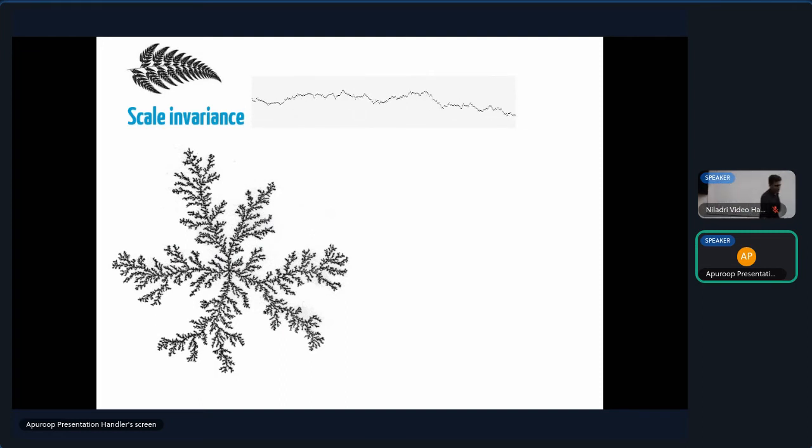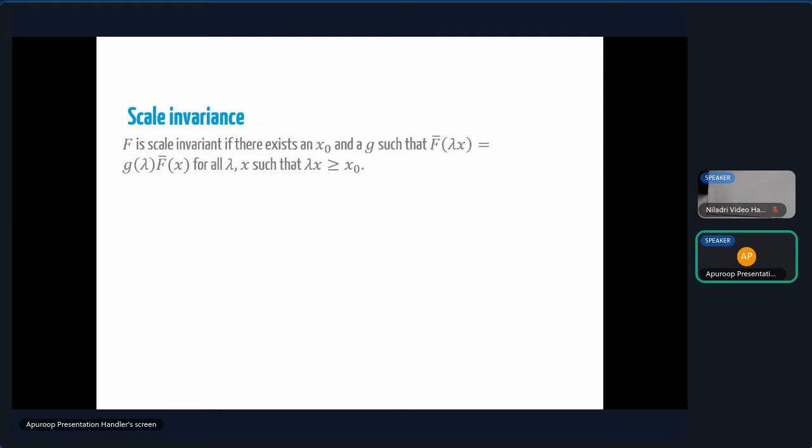Okay, I think I have some of these definitions here. So first, what does it mean to say that a distribution is scale invariant? A distribution f is scale invariant if there exists some x naught positive and a g, a positive continuous function, such that if you look at f bar of lambda x, so if you are now scaling on the x-axis, the CCDF gives you some scaled version of the original CCDF, where the scale factor is g of lambda.